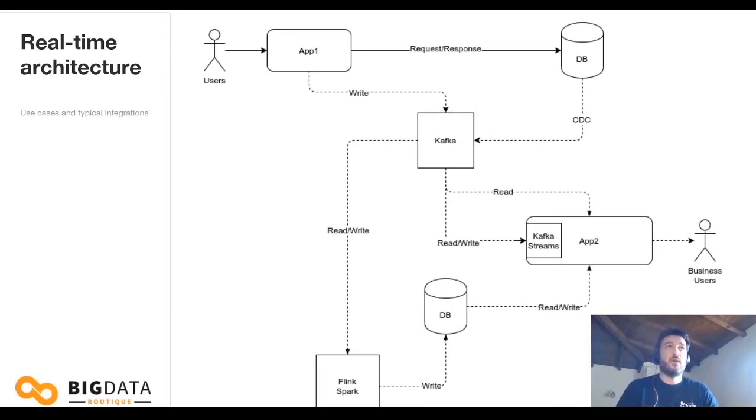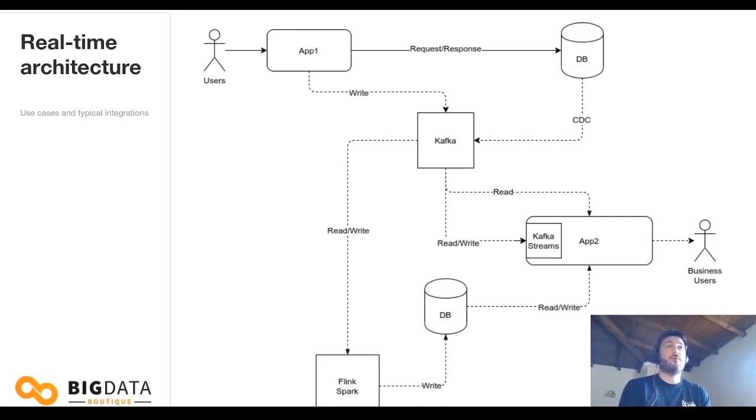The first integration we can do here is the same application writing events to Kafka, to be used later for an analytical system, for reporting, or to be stored in other databases, replacing, for example, a batch ETL.